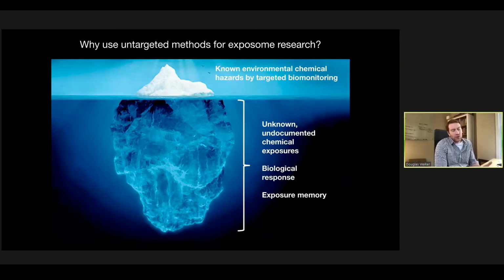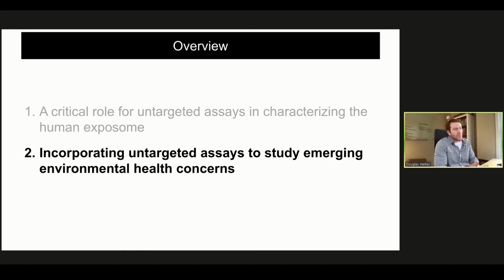So what are the long-term metabolic changes associated with exposure to compounds? There's really been huge advances in these approaches that have informed us on exposures and their effect. And so the question is how can we continue to leverage these untargeted assays to really push the cutting edge of exposures that we're characterizing?